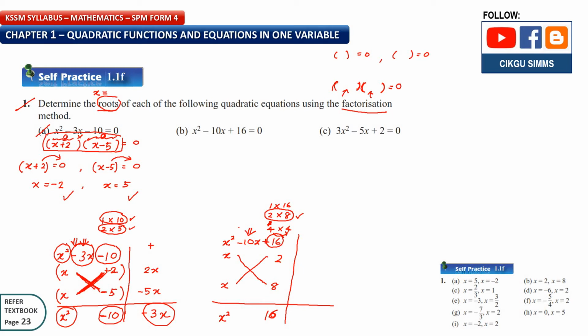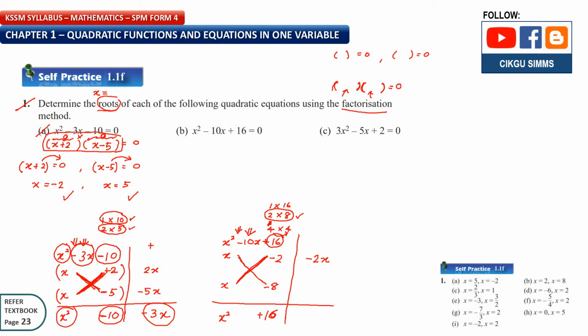But here is a negative. So negative 2, negative 8. So negative 2 times negative 8, negative times negative, the sign is a positive. And then 2 times 8, you get 16, right? And then you check here. For the first row, is negative 2x, because negative 2 times x.